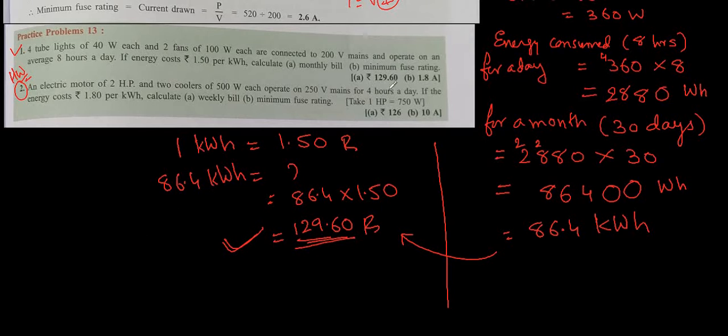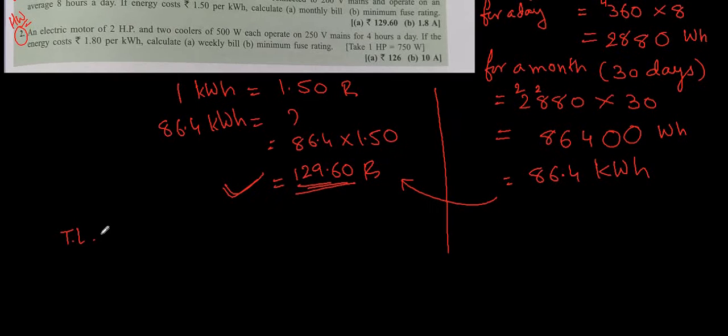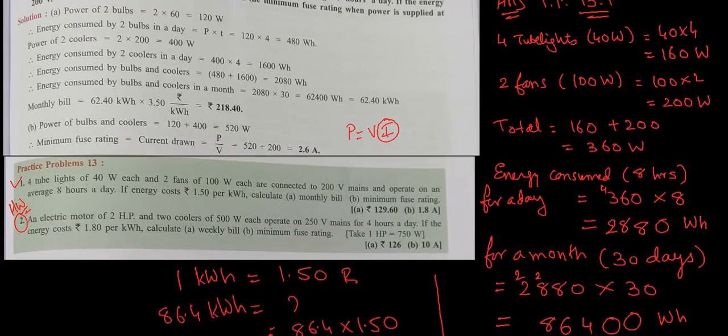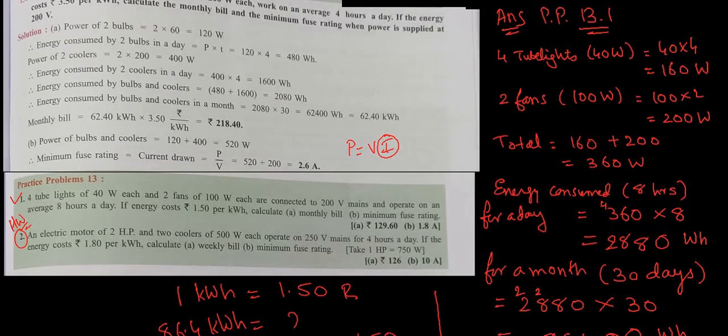Now what else do we have to find out? Minimum fuse rating. So let us find out the minimum fuse rating. Tube light plus fan, that means the power used by tube light and fan is how much? If you check, it is coming up to 360.